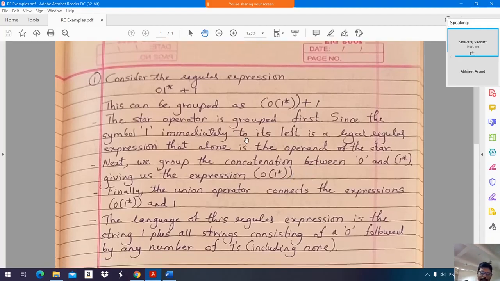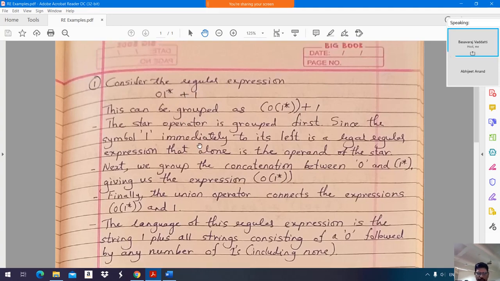Finally, the union operator connects the expressions parenthesized 0, parenthesized 1 star, and 1. That is, in this given expression, this is one sub-expression and this is a second sub-expression. Both are unioned together. Any doubt here in this discussion?